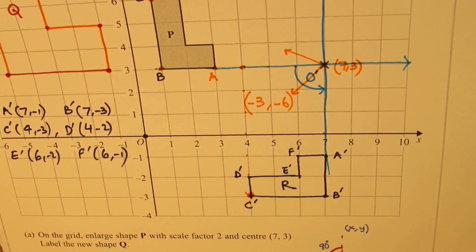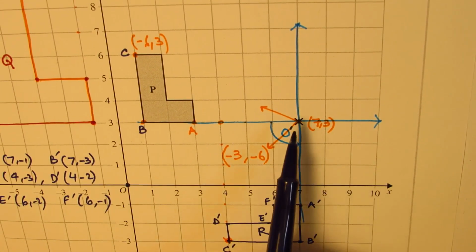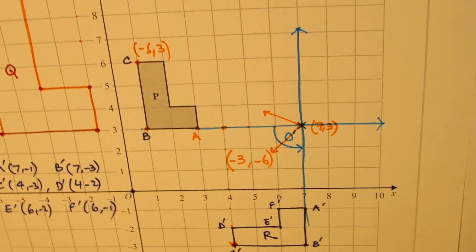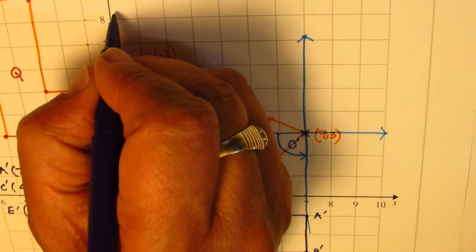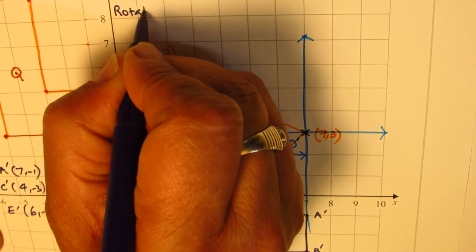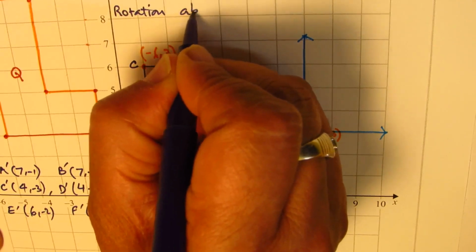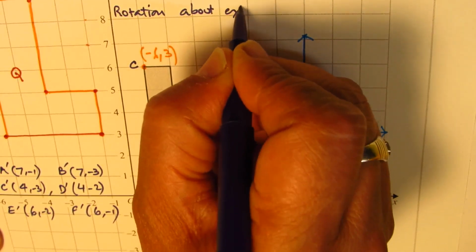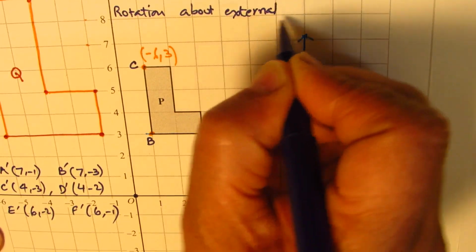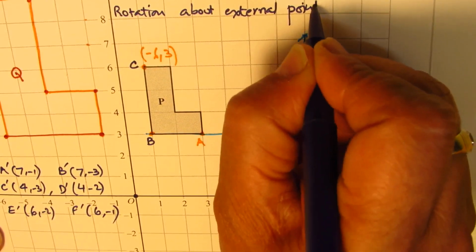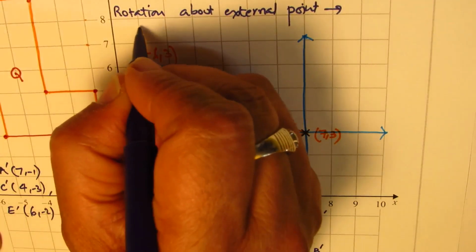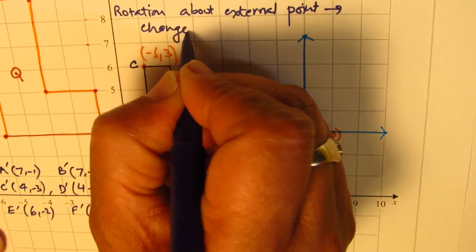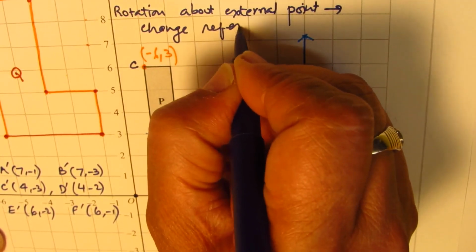Now see how we actually did the rotation about an external point. So remember, when you're talking about rotation about an external point, then what you should do is change the reference.